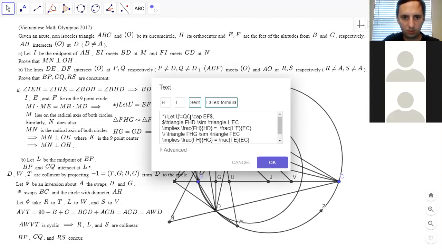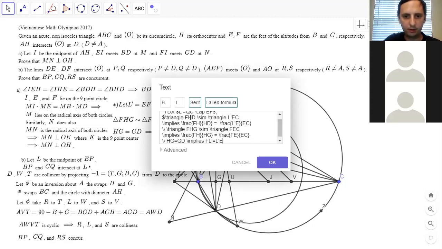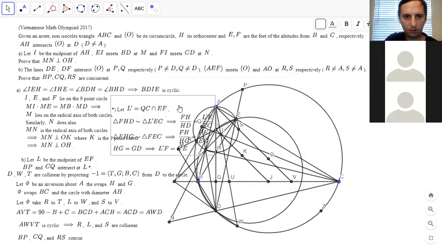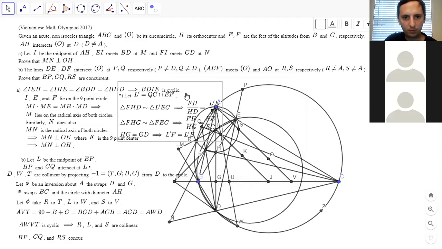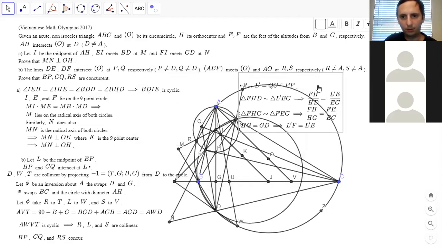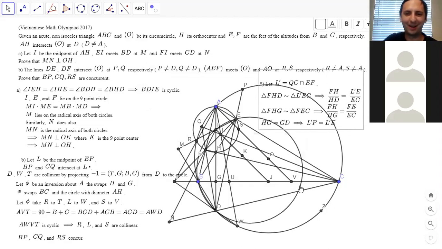Yes. See how this comes out. Okay, so I'll just leave this over there. So this proves that fact, and then for D, W, and T are collinear.